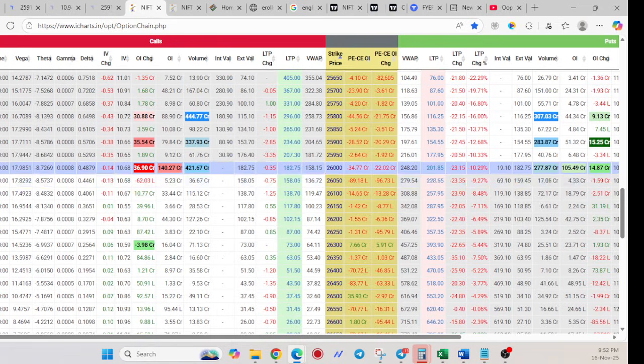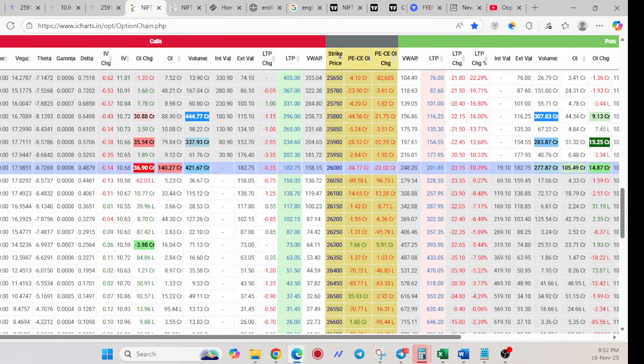Now, normally what happens is when you have the OI highest at, let's say 26,000, the put and call both at the same levels, it becomes difficult to cross 26,000 on closing basis.